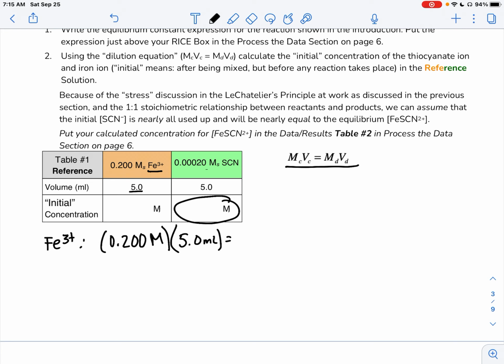In the dilution equation, you can use any volume you want as long as you use the same volume on both sides. What we are looking for is the concentration of Fe3 plus once we have a solution of 10 milliliters. Okay, because when we add our 5 and 5, it becomes 10.